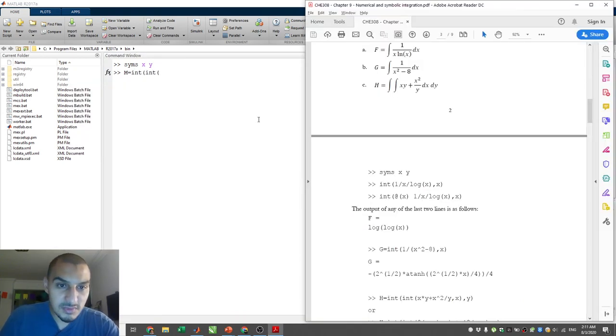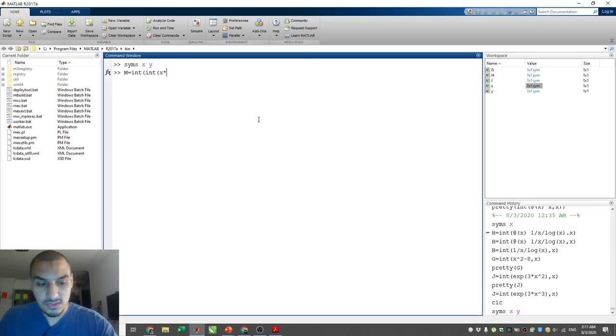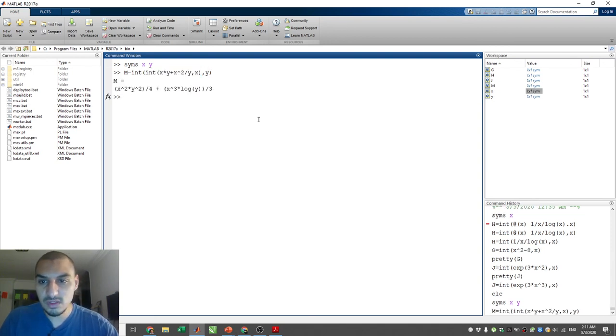It's x multiplied by y plus x power 2 divided by y, and this is with respect to x, and this is with respect to y. So this is the inner integration, which is dx, and then everything is going to be integrated with respect to y. Let's make it pretty.